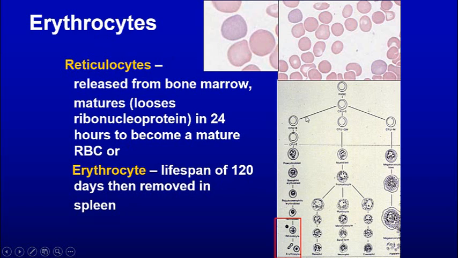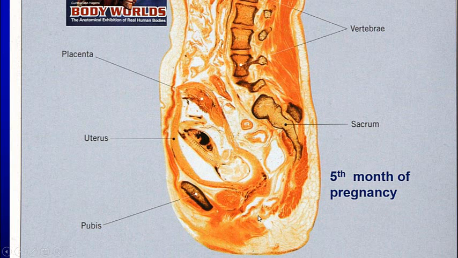So here we can see cells coming down through here, different types. Ultimately, you lose the nucleus. The reticulocyte is released, and then you get erythrocytes in there. And the hemoglobin is a little different between the adult and the fetus.